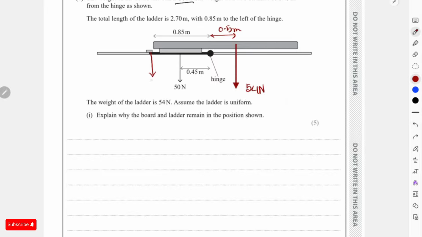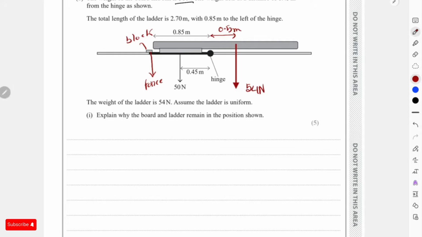That's because this block over there is providing a force in the downward direction, which acts as an anti-clockwise force, and eventually the overall moment gets balanced. The anti-clockwise moment gets balanced with your clockwise moment, and that's why everything can remain in equilibrium.